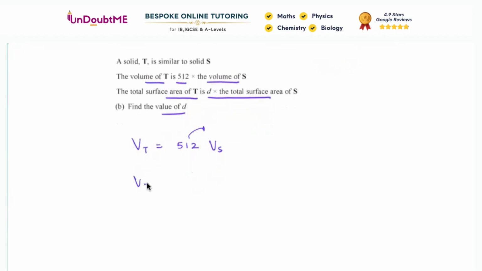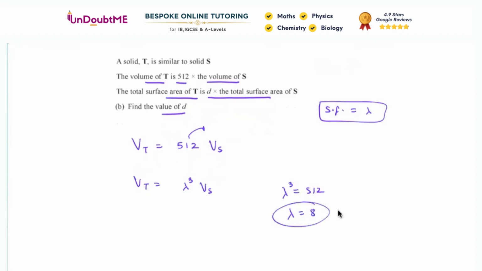Now in this question, since K was used, I'm using scale factor as lambda. You can take any other variable also. So this is lambda cube times Vs, and lambda cube is equal to 512. And from solving, you'll get lambda is 8. Okay, 512 is a perfect cube of 8. Use a calculator if you don't know it. So we have got the scale factor as 8.